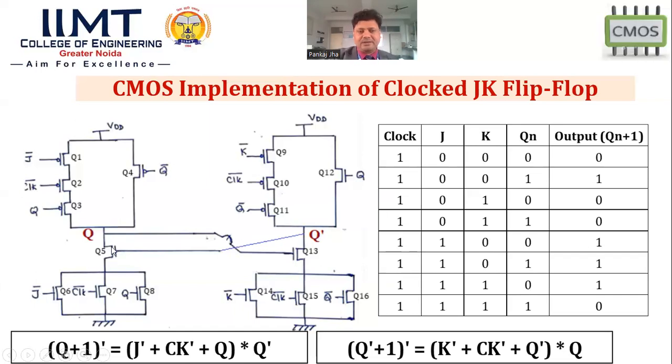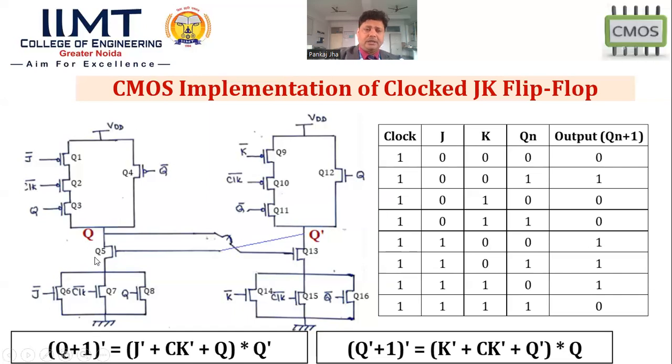That means whatever the value is appearing across Q will remain the same. Why? Because here it will be in cutoff mode, in open circuit condition. So this value will not move towards ground.